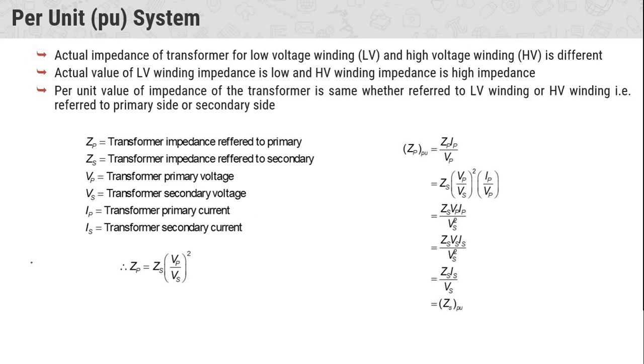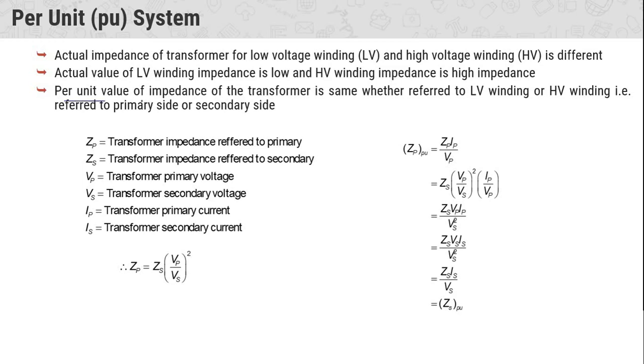Now, the actual impedance of a transformer for a low voltage winding and a high voltage winding is different. The actual value of LV winding impedance is low and the HV winding impedance is high.